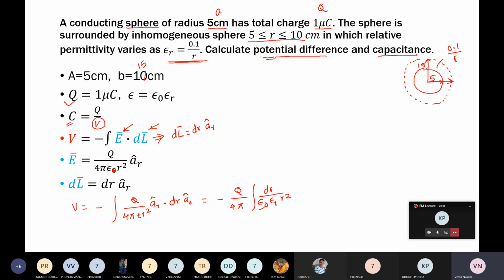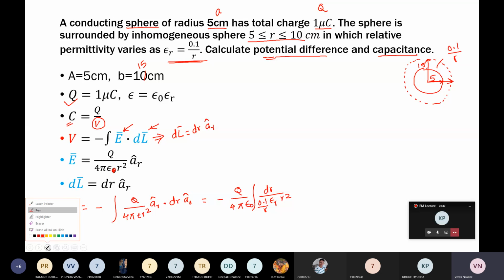I take this epsilon 0 outside the integral. We are left with epsilon r, which is expressed as 0.1 upon r. So instead of epsilon r, I will write 0.1 upon r.